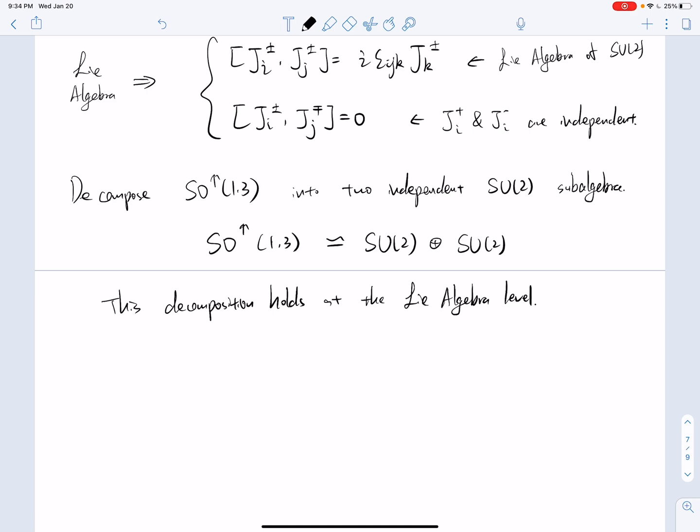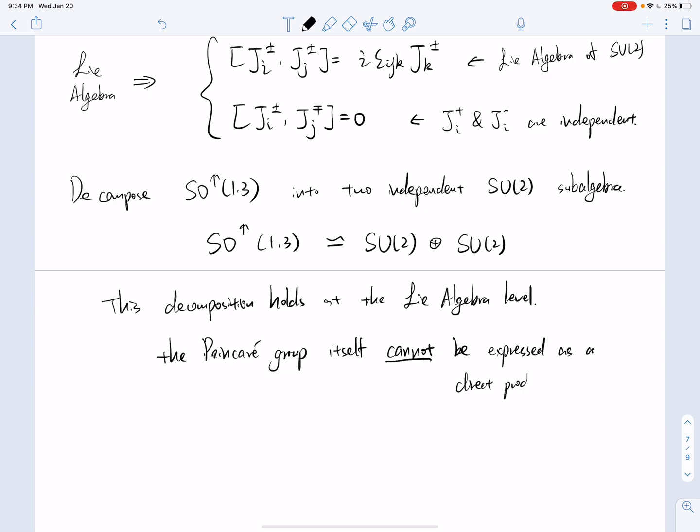But this doesn't mean that the group itself, the Poincare group itself, can be expressed as a direct product of two SU(2)s.